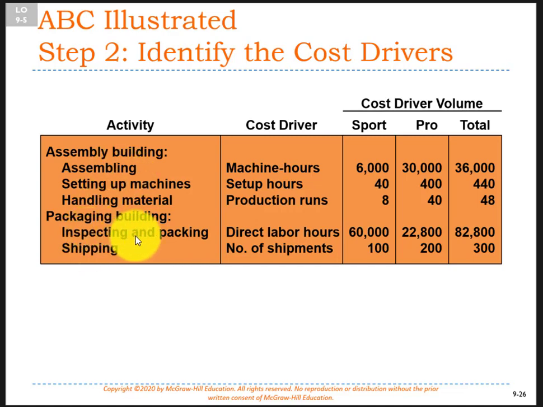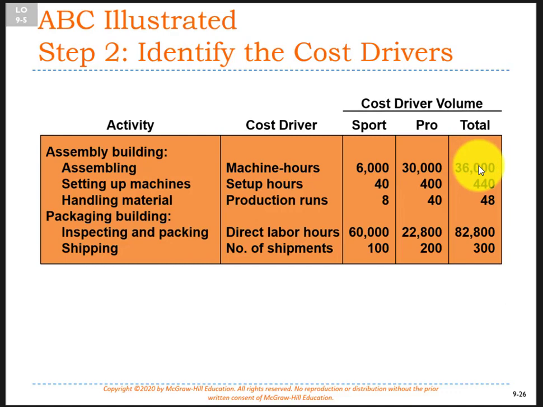We decided to combine inspecting and packing because they were so closely related. And so here are our 5 activities and the cost driver for each one of them, and how much of those cost drivers were used for sport and were used for pro, and the total.